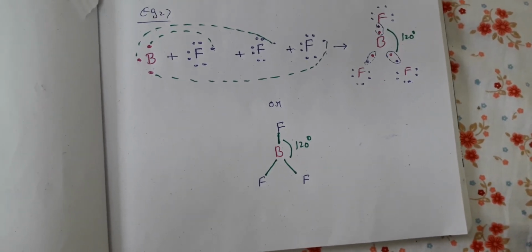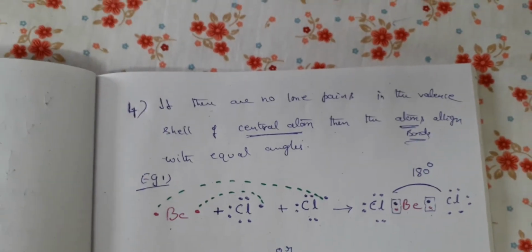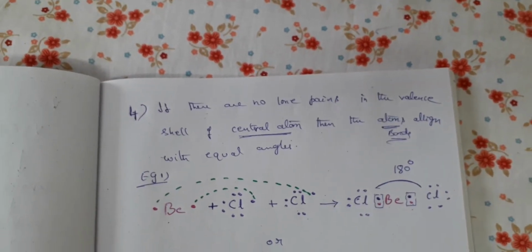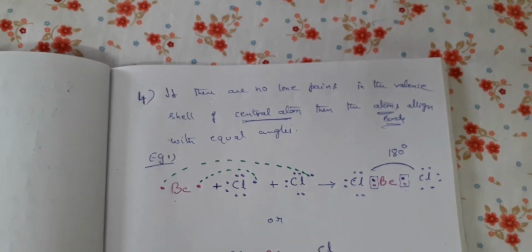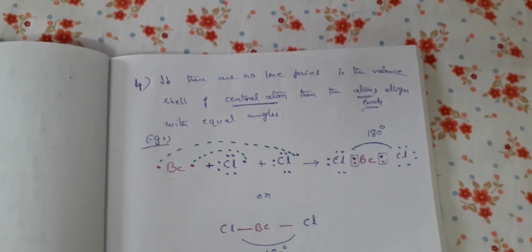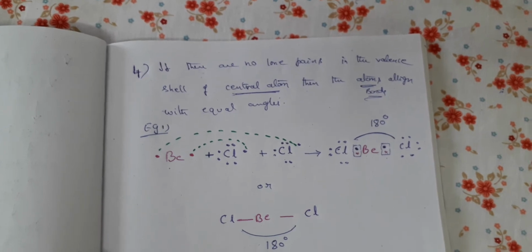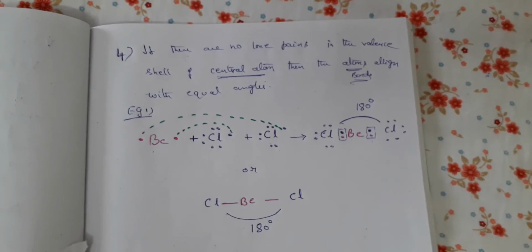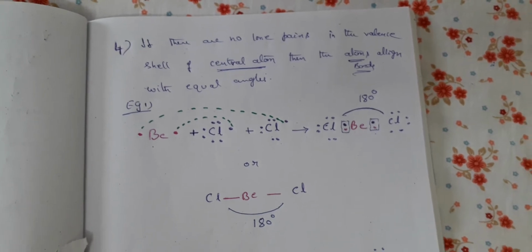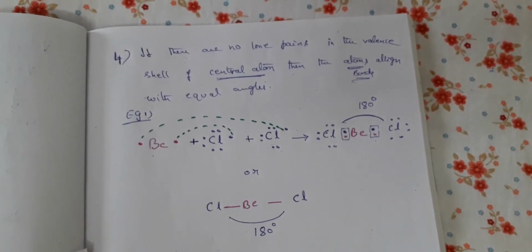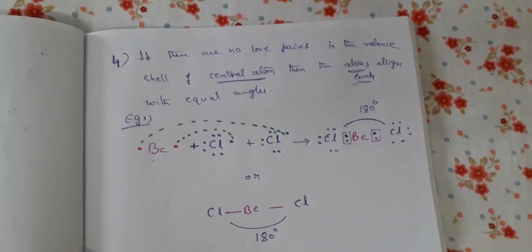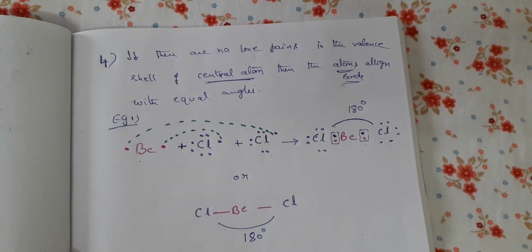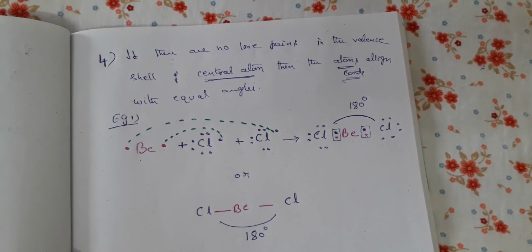If that is the case, as per the 4th point we have discussed till now, they have to align themselves with equal angles. That means 360 divided by 4, so the bond angle should be 90 degrees. But as we have just seen in the table, it is not 90 degrees, but around 109 degrees 28 minutes or something like that.